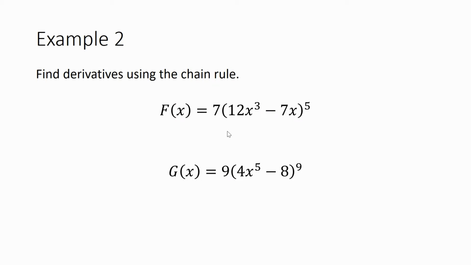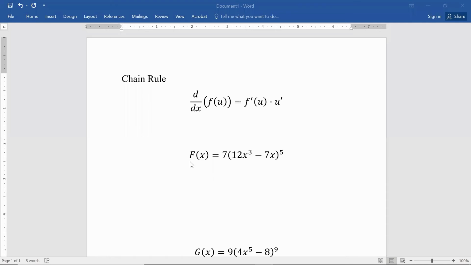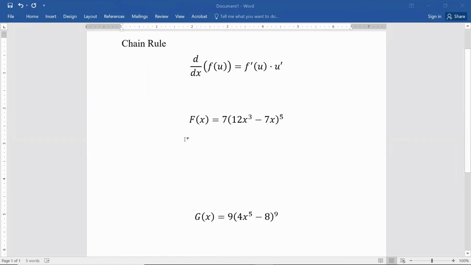So our outside function is going to look like a power rule. And our inside function, we can take the derivative of using rules of polynomials. Let's examine this capital F of x first.